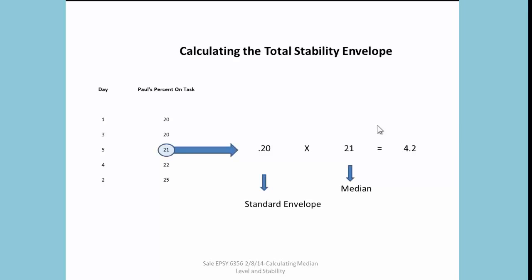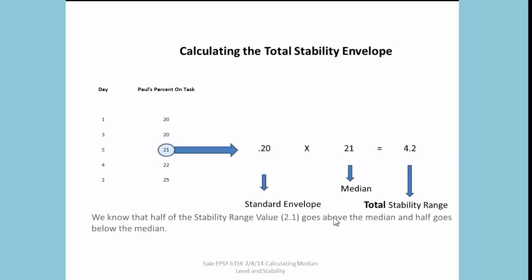Now that is our total envelope, the total stability envelope, 4.2. Now, we know that half of the stability range value is 2.1 because that's half of 4.2. So half of it goes above the median line and half of it goes below the median.